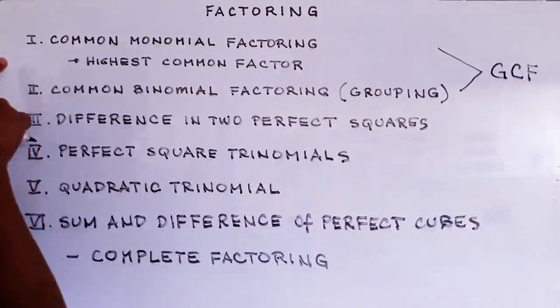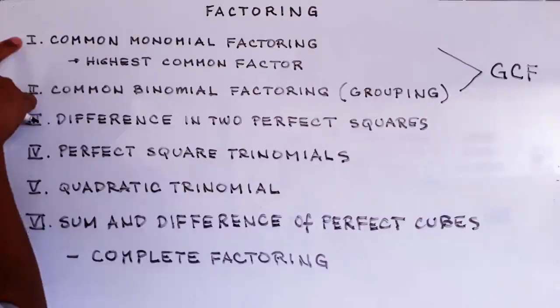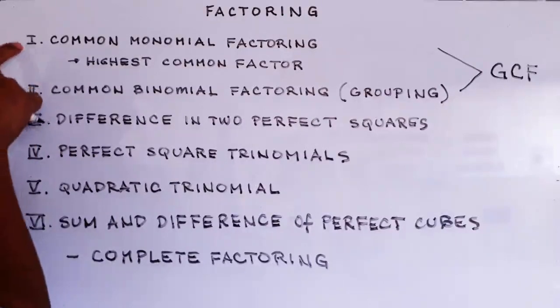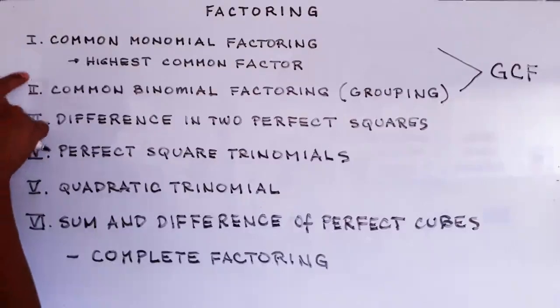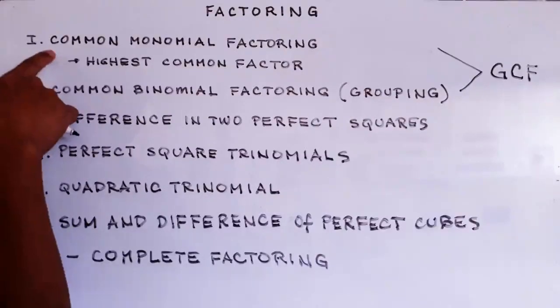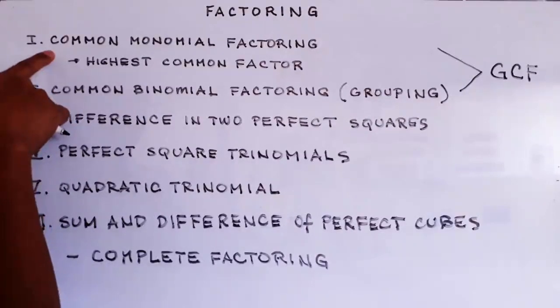Okay, for this type 1, which is the most commonly used, and type 2, which we are going to discuss, they are almost the same. For the common monomial, we don't need to group them because this common monomial is usually composed of two terms, or a binomial or a trinomial.